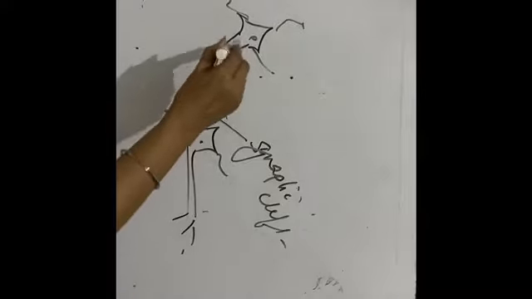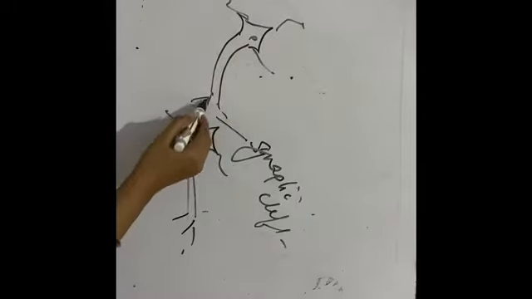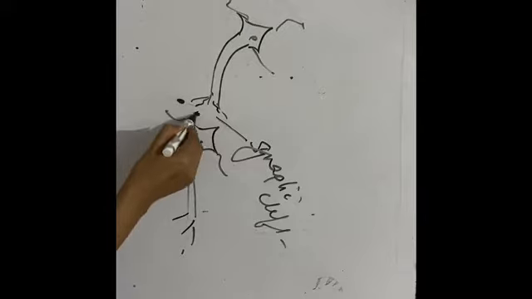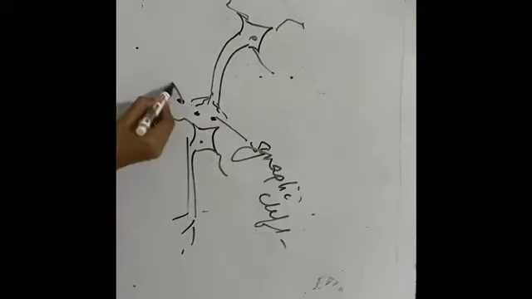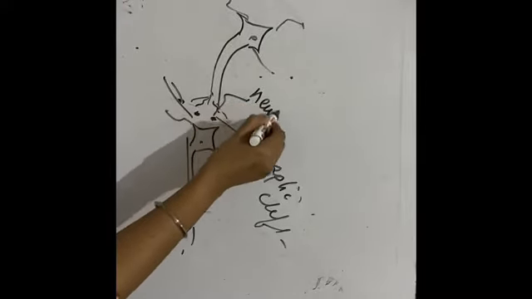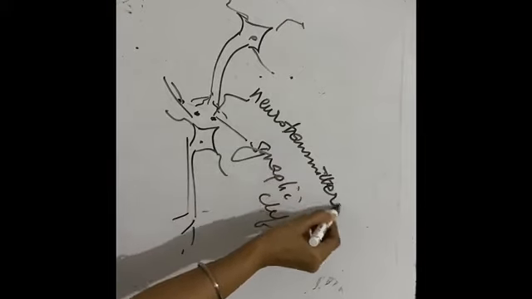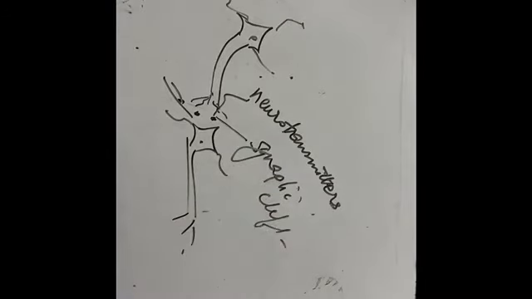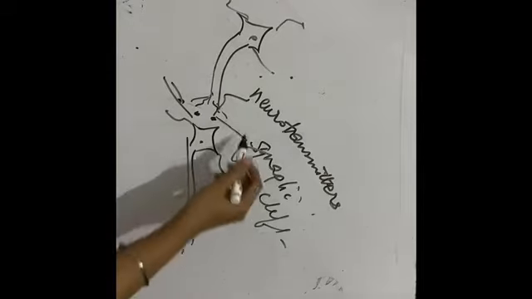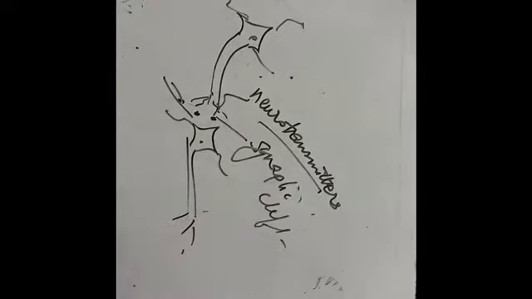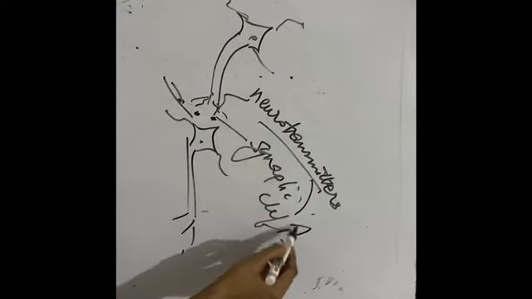If this neuron is receiving a message, then it will release at its terminals a few chemicals. These chemicals are known as neurotransmitters. They are transmitting the message from one neuron to another. Basically, this material is acetylcholine. The main neurotransmitter which is delivering the message is acetylcholine.